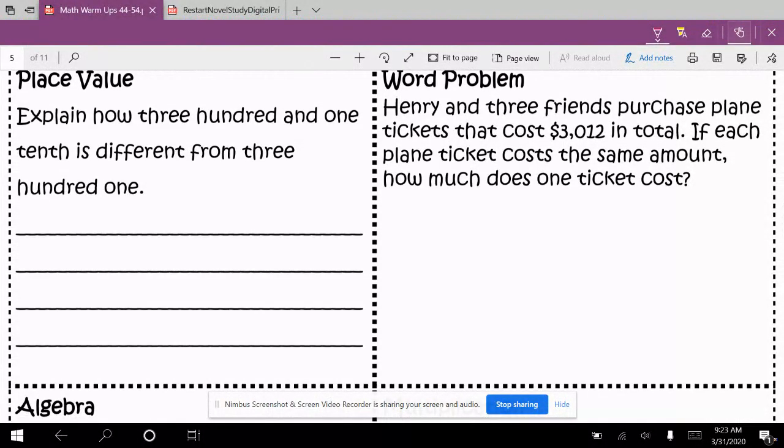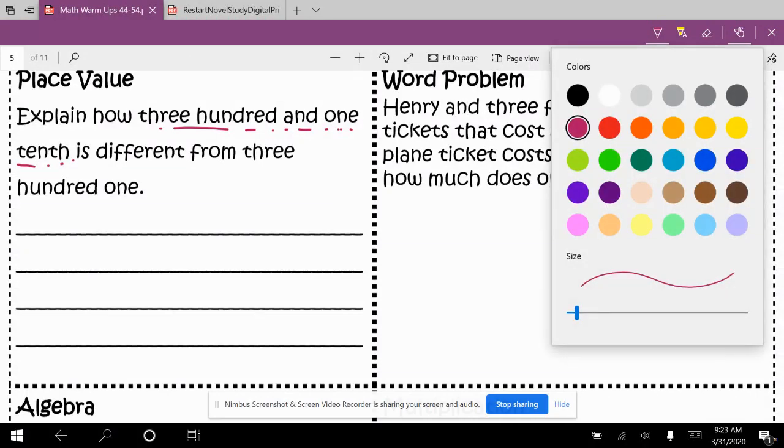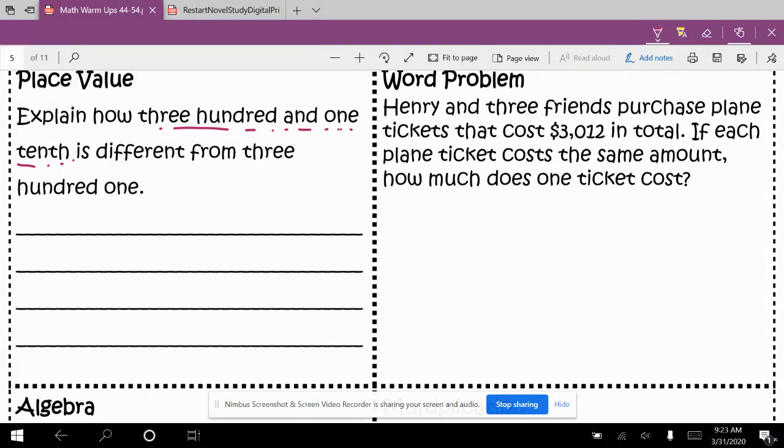All right, place value. Explain how 301, what on earth is 301/10? Sorry. Why is it doing that? Oh no, you guys. Let me see if I just do it harder. There we go. 301/10 is different from 301. Why is it doing this?